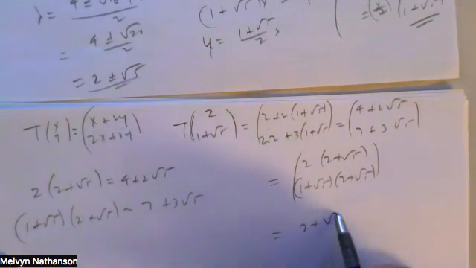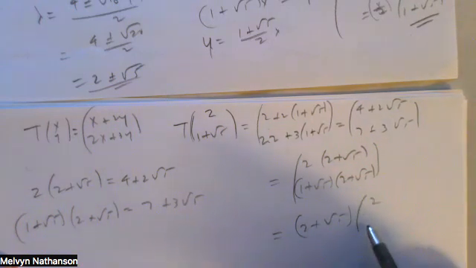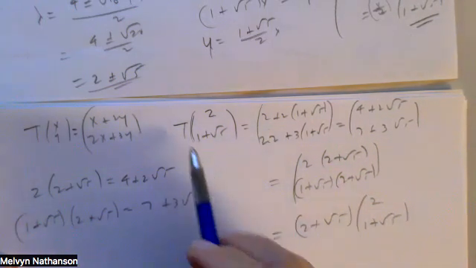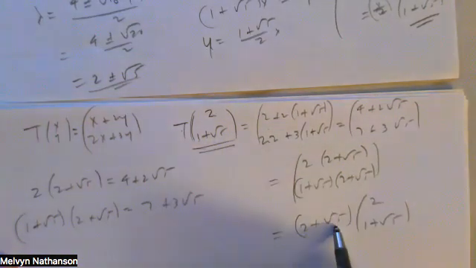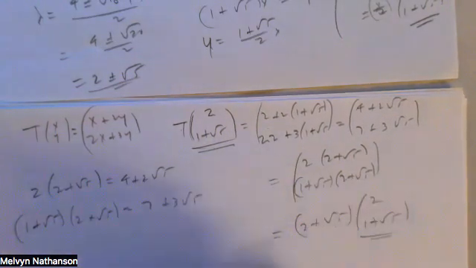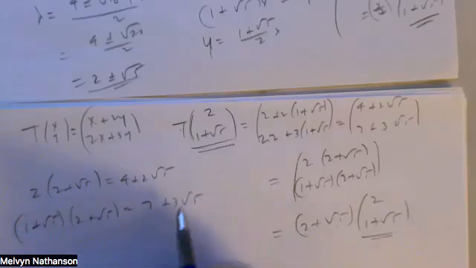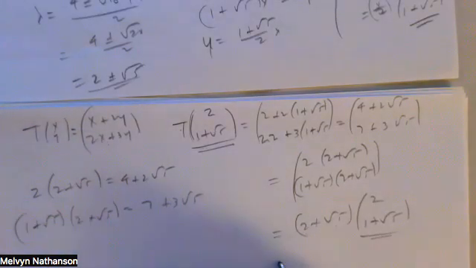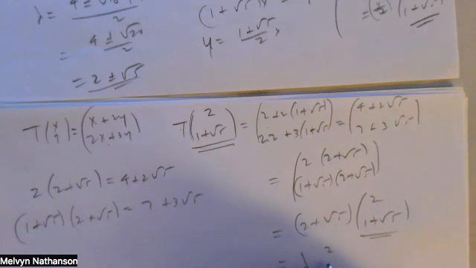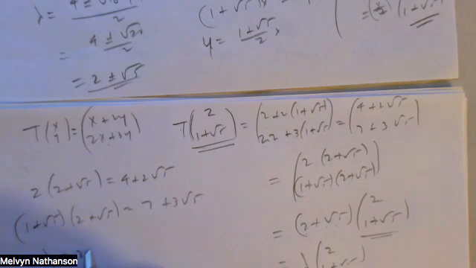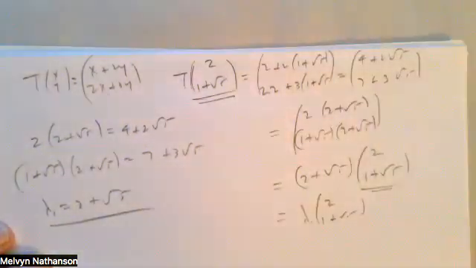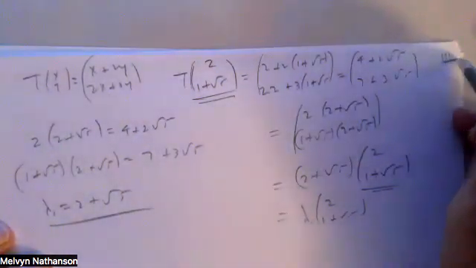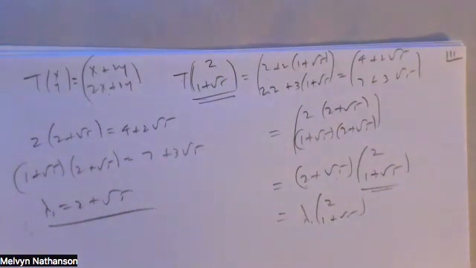This is 2 plus root 5 times the vector 2, 1 plus root 5. That is, T of this vector is 2 plus root 5 times the vector. So everything checks. This is my v1, 2, 1 plus root 5, where my eigenvalue, lambda 1, is 2 plus root 5.